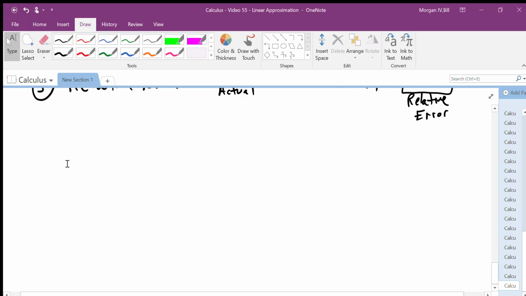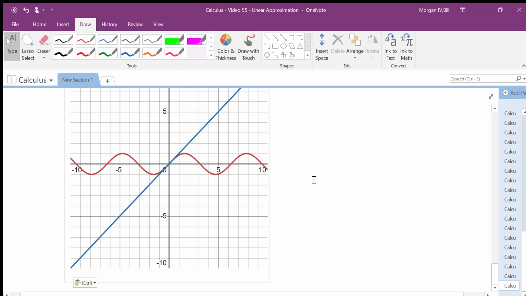So, graphing this on Desmos, it looks something like this. I switched the colors up, but the red curve here is sin of x. The blue line is y equals x, or L of x equals x. And you'll notice for values close to the A value of 0 that we picked, this linear approximation really is a good approximation for the sin of x.